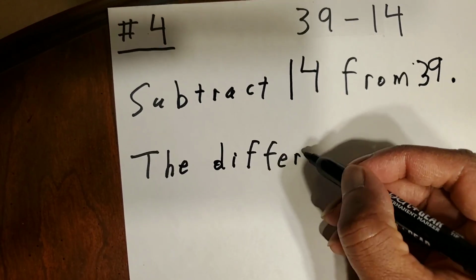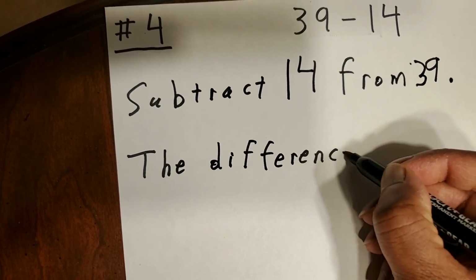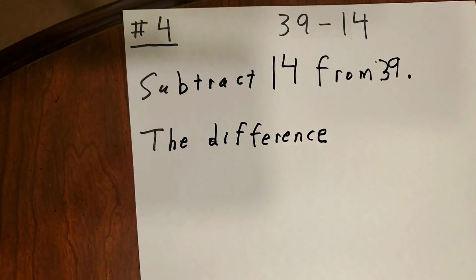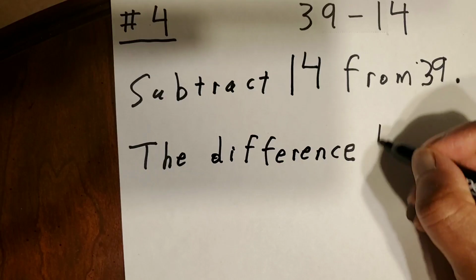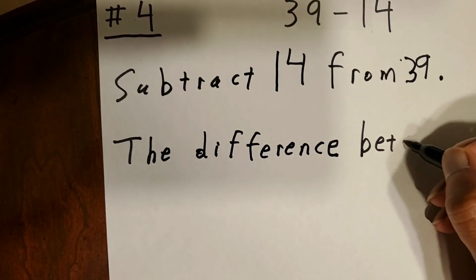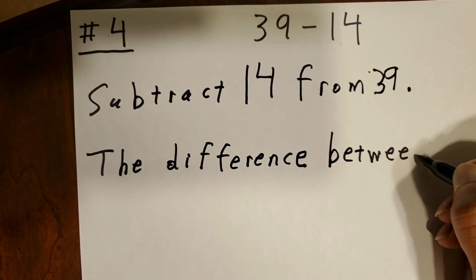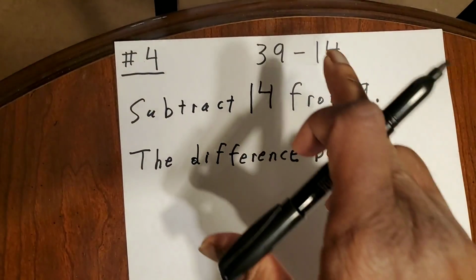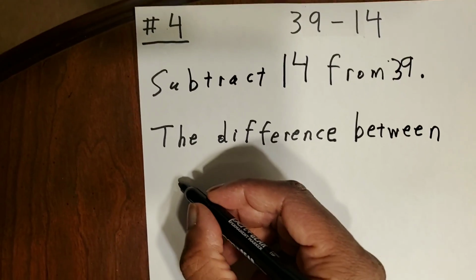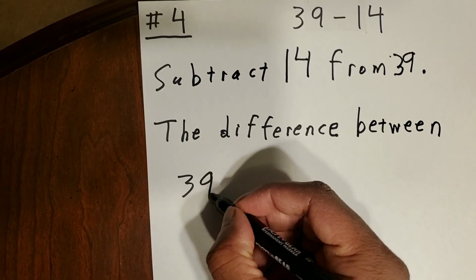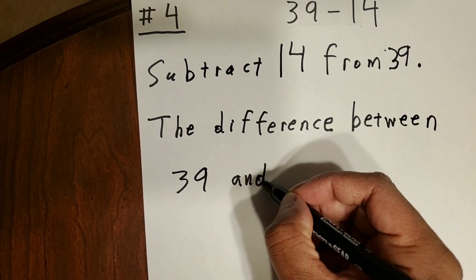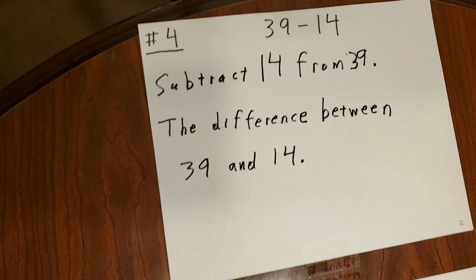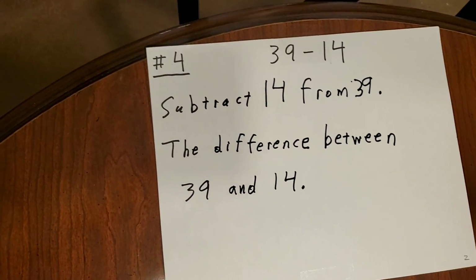When I use the word difference, I am comparing two things. So since I am comparing two things, I am going to say the difference between. The difference between what? What two numbers are we comparing? 39 and 14. So we can say the difference between 39 and 14. And it doesn't matter, I can put 39 in the front because we're just comparing.